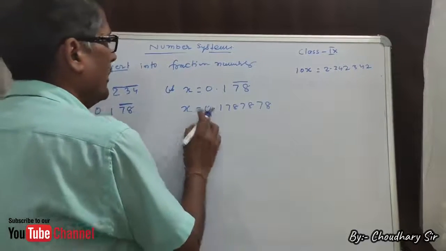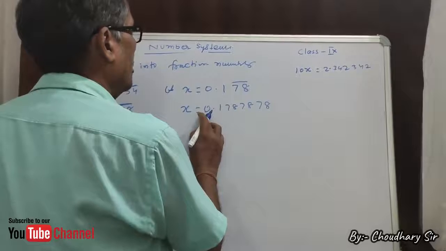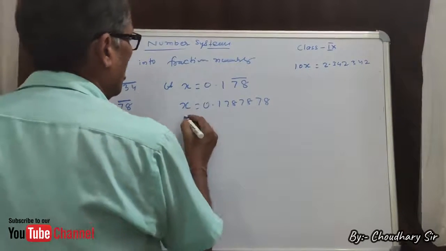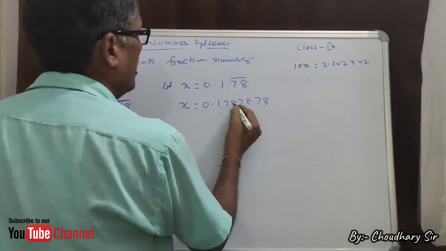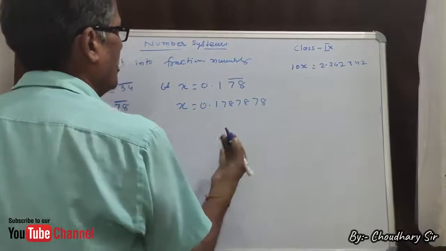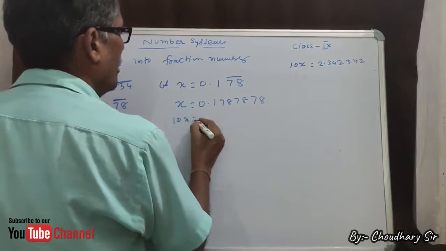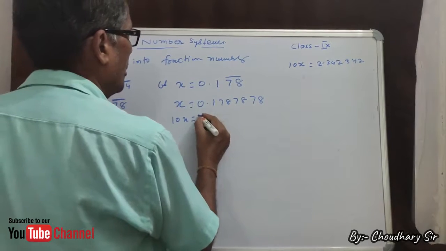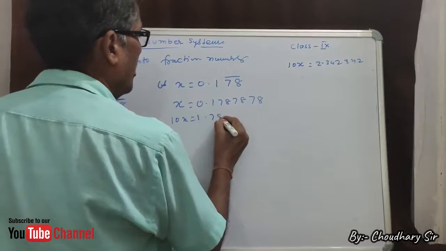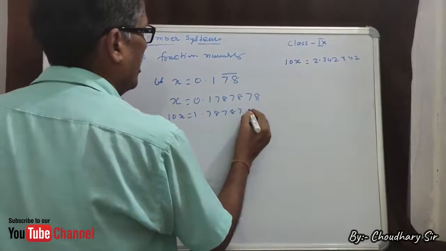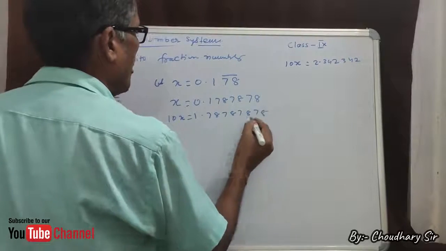If you multiply by 10, what will be? 1.78, 78, 78.